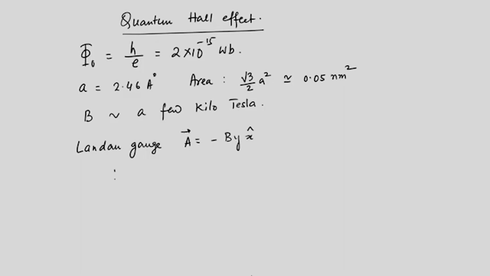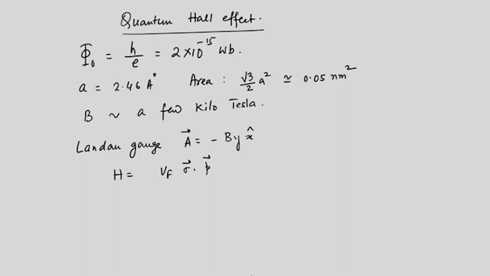And just to remind you that the Hamiltonian in this particular case is of the form Vf sigma dot p. I have absorbed the h cross here, or we could write it as h cross Vf sigma dot k, where p is the momentum or k is the wave vector.